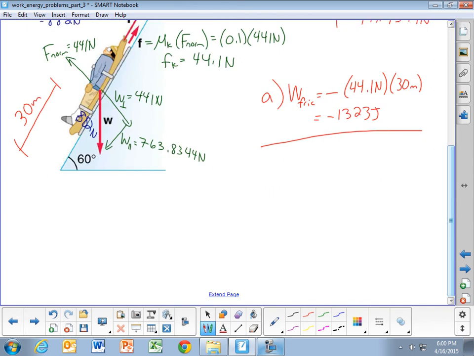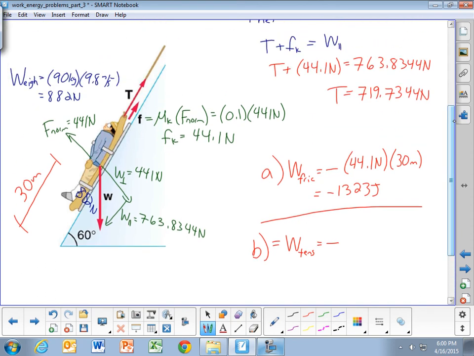Part B is how much work is done by the rope. So that's asking for the work done by the tension. Again, the tension is pulling up. So the work done is negative.